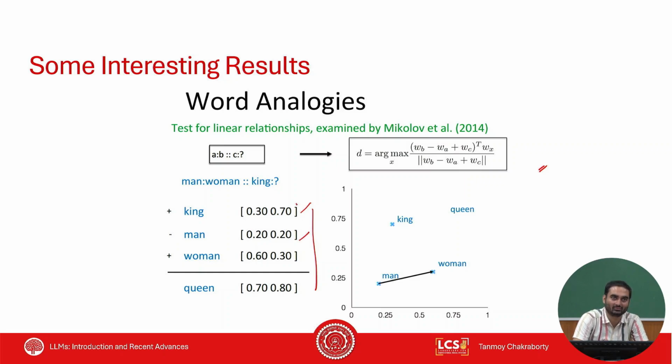The word king has an embedding, the word man also has an embedding. You subtract this from king, you get a resultant embedding, and then you add the embedding of woman to that. This will be equivalent to the embedding of queen. So you subtract man from king, add woman, you get the embedding of queen.